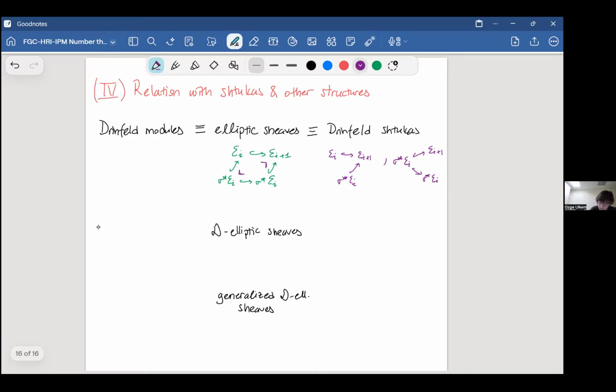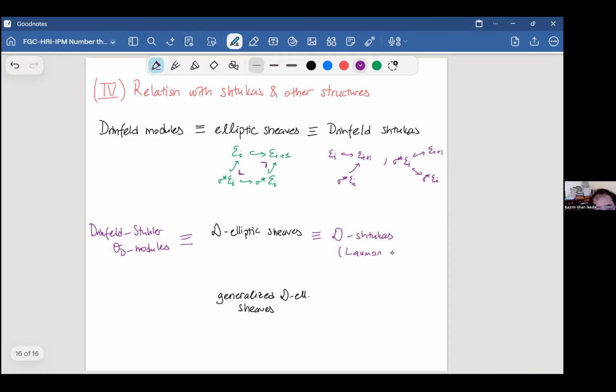So for D-elliptic sheaves, the module side is called Drinfeld-Stuhler OD modules. First, this is mentioned in Laumon-Rapoport-Stuhler, then worked on by Tellman as well, and recently by Papikian. And on the shtuka side, we have D shtukas. I believe they were defined by Laumon, but I have to check.